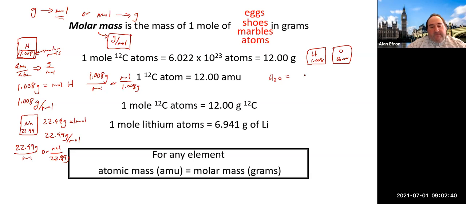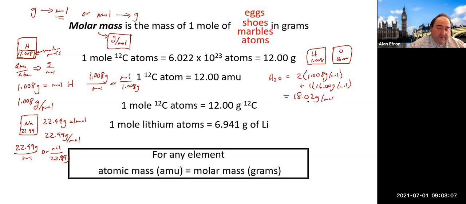That would give us 2 times 1.008 grams per mole plus 1 times 16 grams per mole. If we add all that together, that obviously gives us 18.02 grams per mole as the molar mass of water.